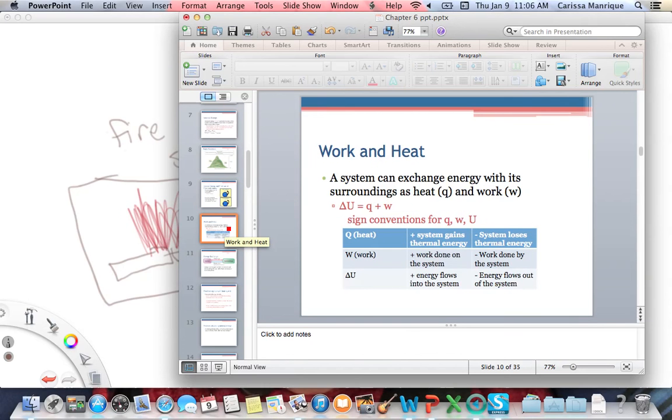Okay, so looking further into delta U, what is delta U? We know it's the total energy, okay? How do we measure that though?